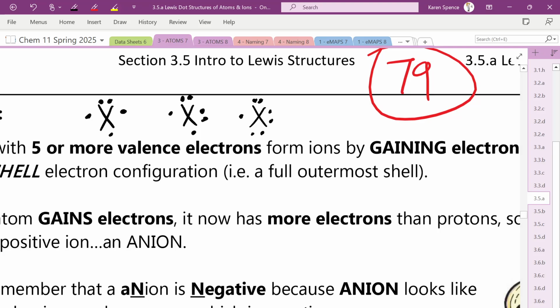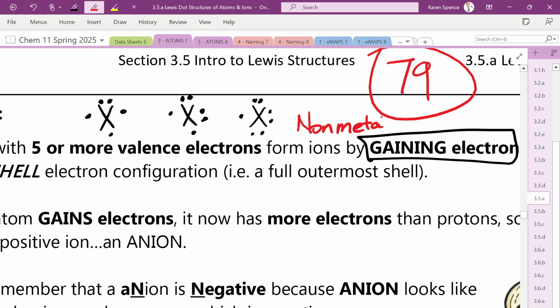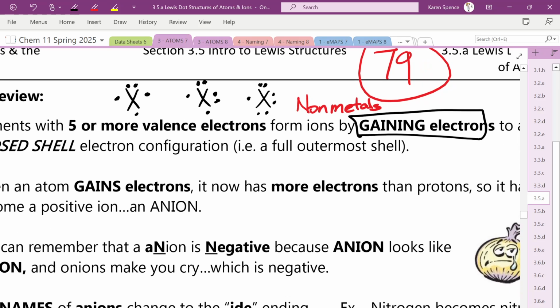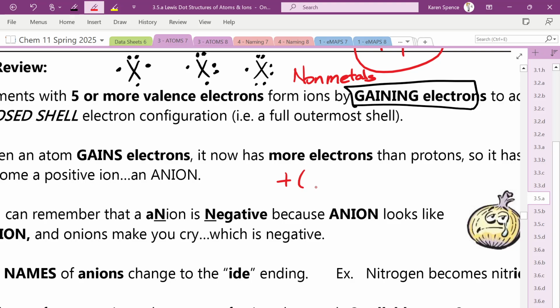Are these going to gain or lose electrons to become full or empty? These guys are going to gain electrons. What types of elements are these? These are nonmetals. Okay, and we are gaining negative electrons. So let's just say we have 3 electrons that we've gained. That's going to be -3.